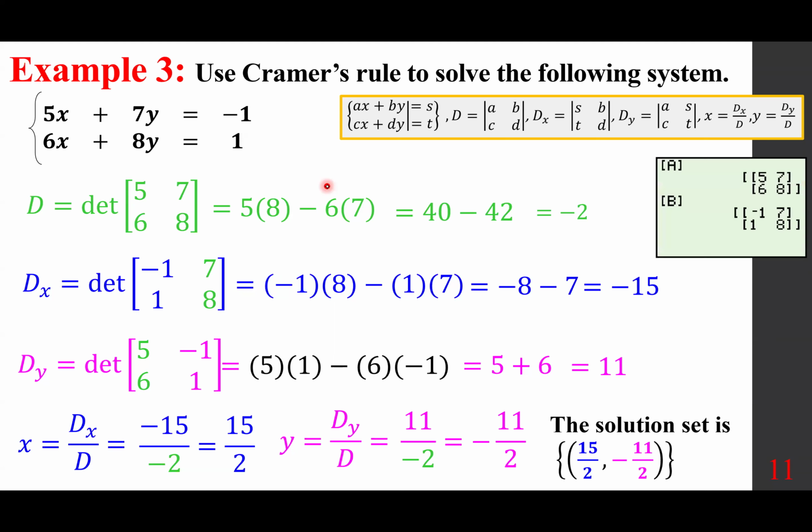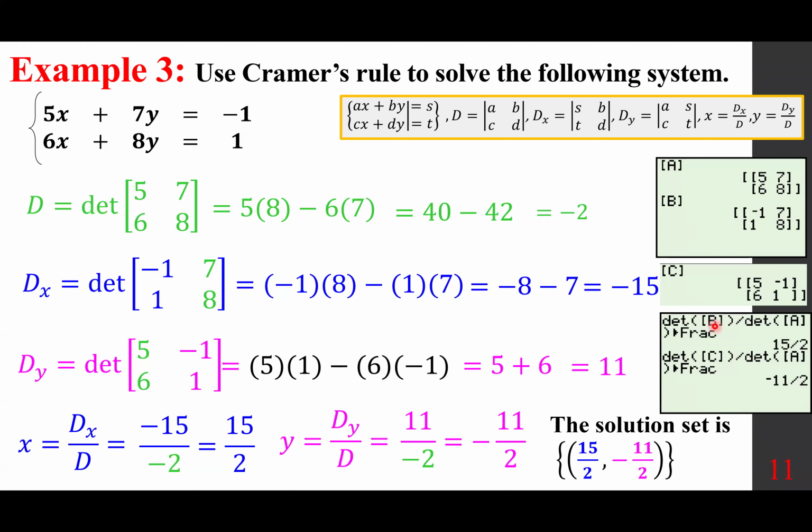Technology. Determinant of A. The matrix A is 5, 7, 6, 8. B is negative 1, 1, 7, 8. And C is this one. The determinant of B over the determinant of A, and change it to fraction, is 15 halves.